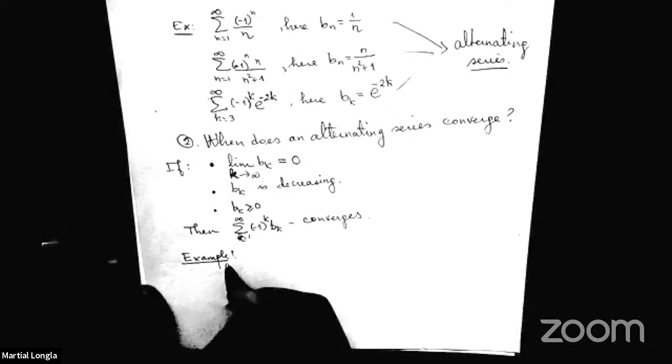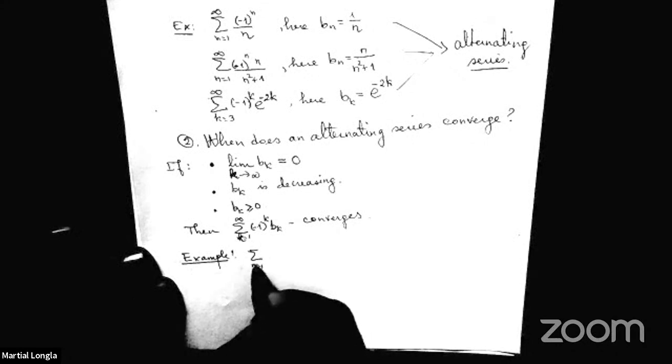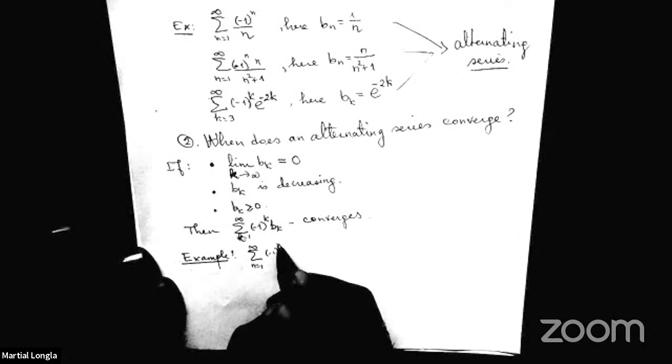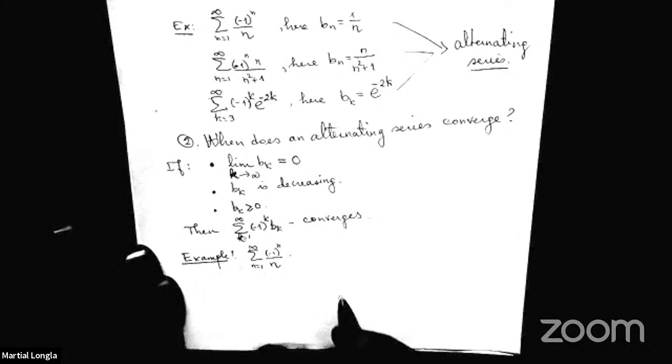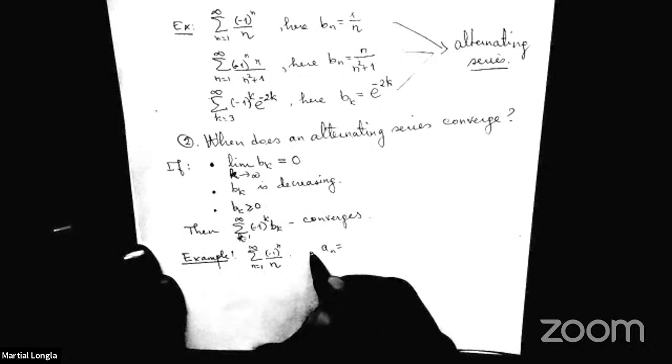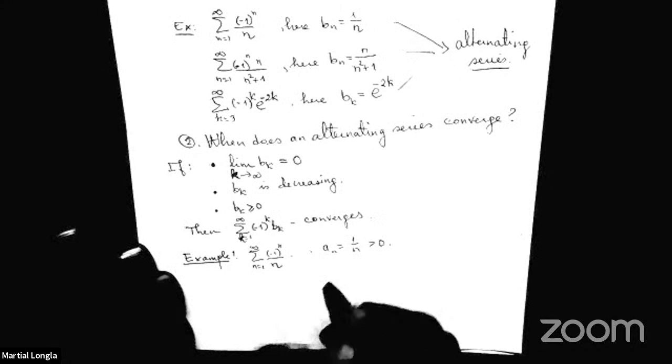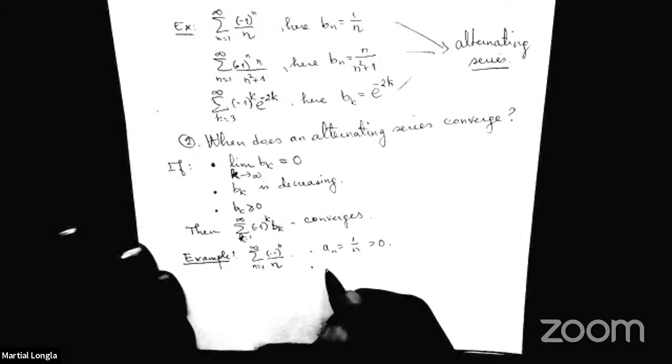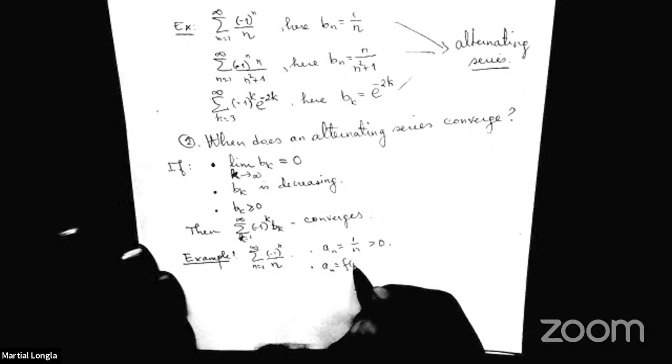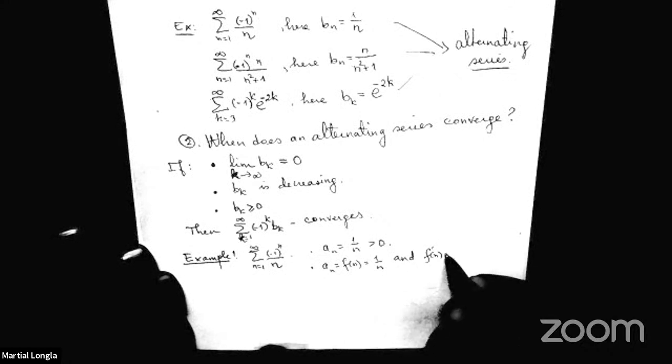So let's look at the three examples that I put on top here. We had the sum n from 1 to infinity of (-1)^n over n. So b_n equals 1 over n. This is positive. That's good. So b_n equals f of n, that's 1 over n, and f prime of n is equal to negative 1 over n squared.